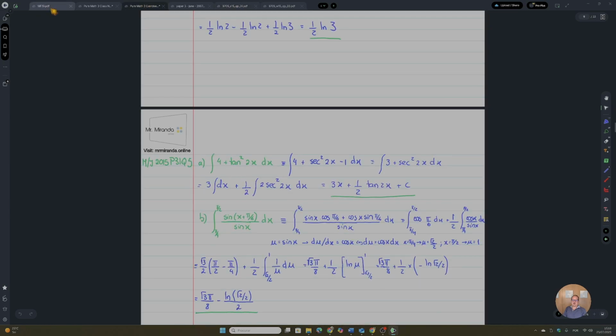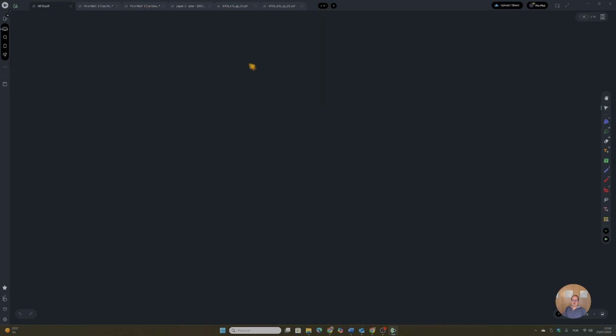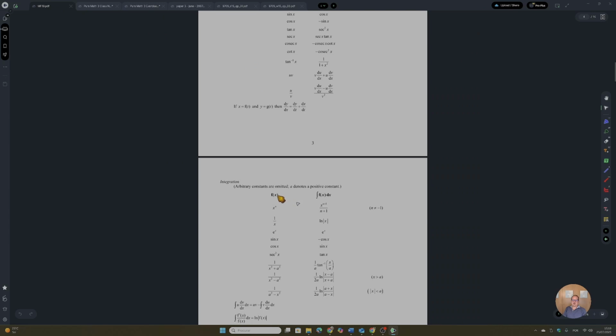Luckily, you can recur to the MF19. And although there is no formula here that allows you to directly integrate a tan, particularly a tan square of something, you have this one over here that relates to the tangent, the sec square, right?